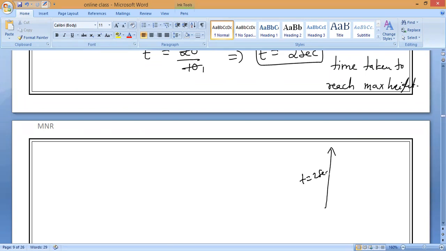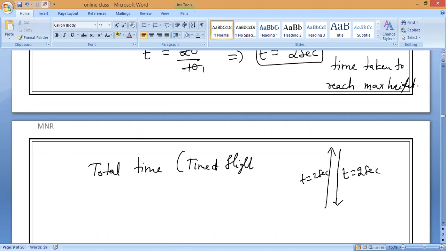Then reverse time also, how much? 2 seconds. Then what is the total time, guys? 4 seconds. Or we can say time of flight. So time of flight is 2 plus 2, which is equal to 4 seconds. Is it yes or no?